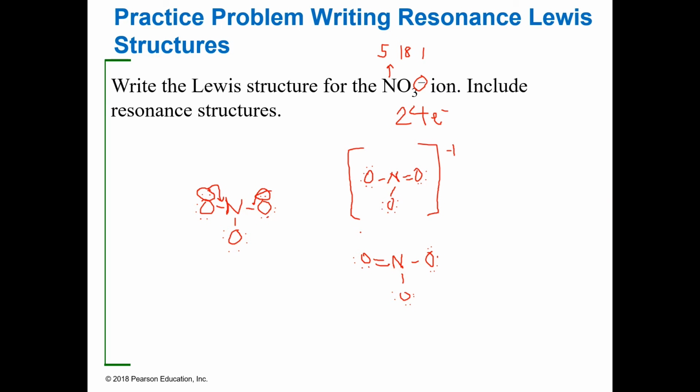Even though it's basically the same structure, it's not, because the double bond is between two different atoms than what you saw here. Now the same is true here. I could have pulled from here and put those there. So then I have a third option here. The double bond could have been here.